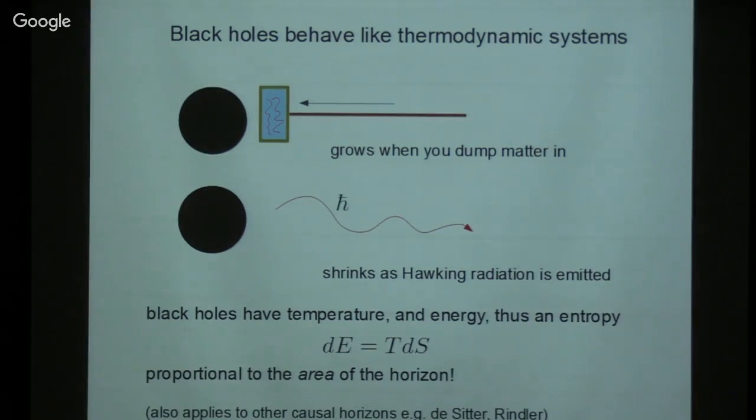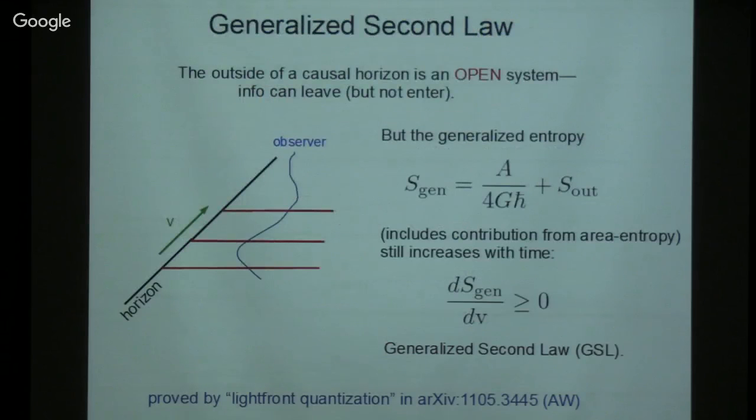All of these horizons seem to obey these laws of thermodynamics. One of these laws of thermodynamics is called the generalized second law. It's just the generalization of the second law of thermodynamics that applies when you have a black hole or some other system with an event horizon.